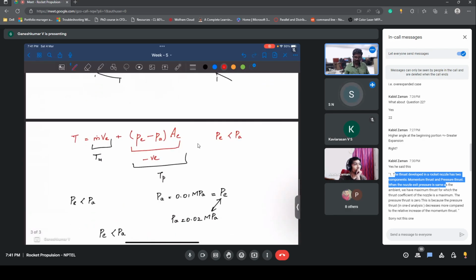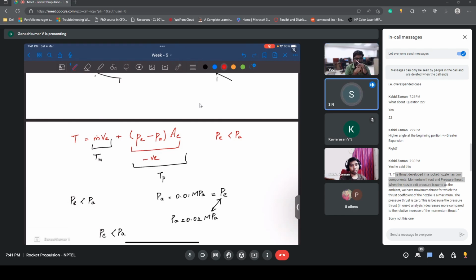I was just looking at the question again, Mr. Ganesh. In 21, initially it was designed for 0.01, and then when it was tested, it is actually tested for 0.02 ambient pressure.